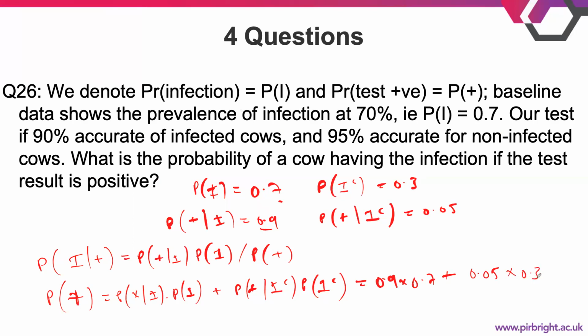So if we work this out together, that's equal to 0.645. So therefore, these values are going to work out as 0.9 by 0.7 divided by 0.645, which gives us our outcome of 0.98 overall.